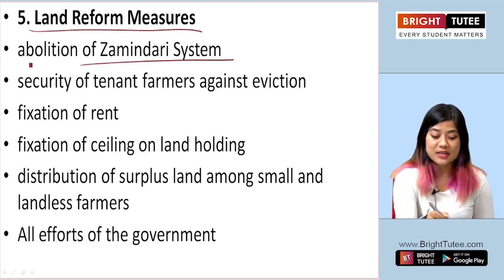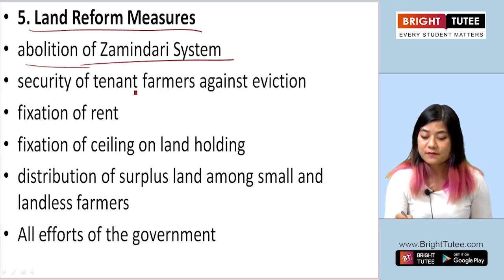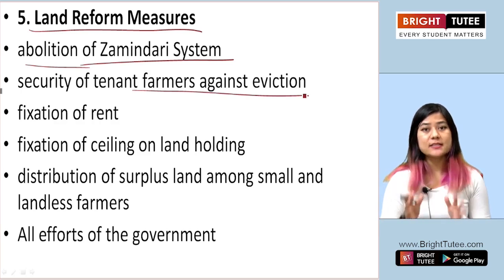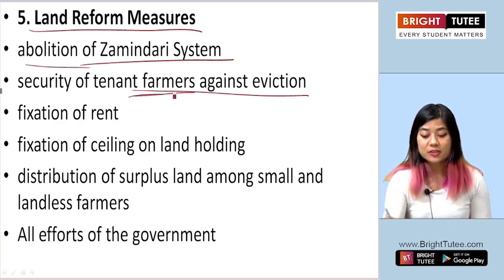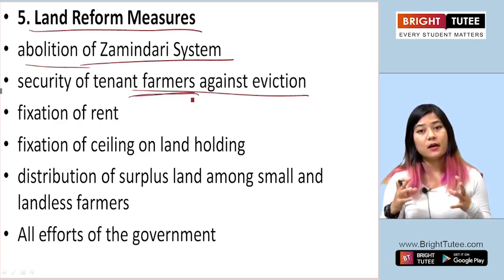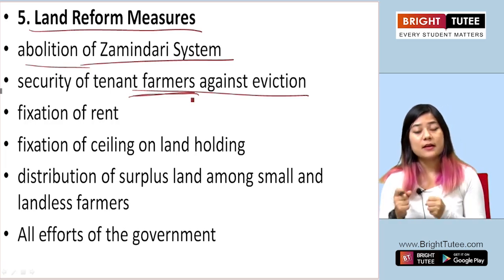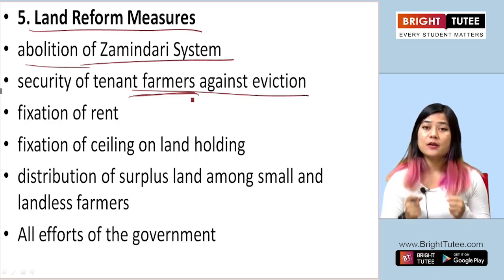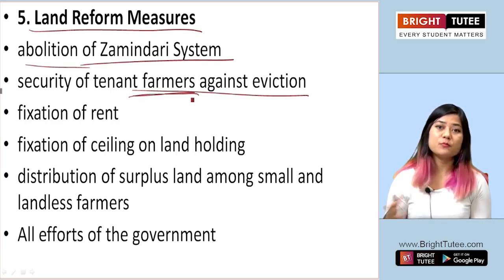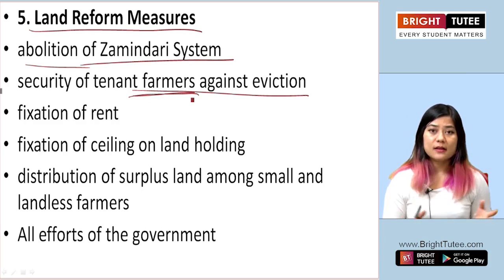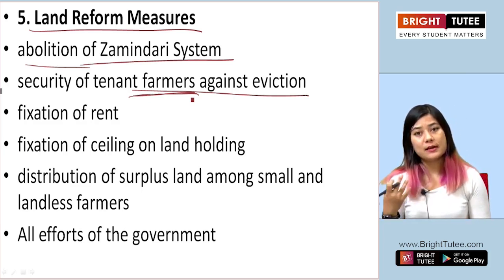So that system is abolished. The security of tenant farmers against eviction is protected. The farmers are made sure that their employment, their job, their wage are secure and protected, and they cannot be simply removed from their job on the land where they cultivate by the rich or powerful landlord.